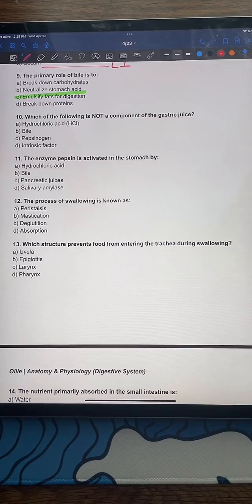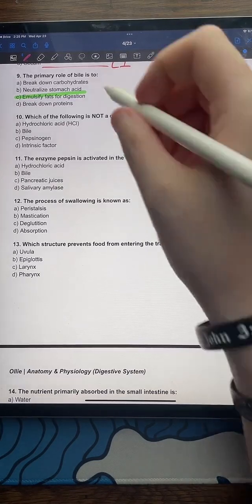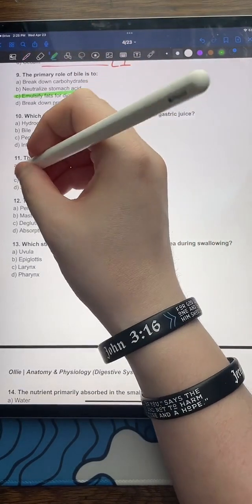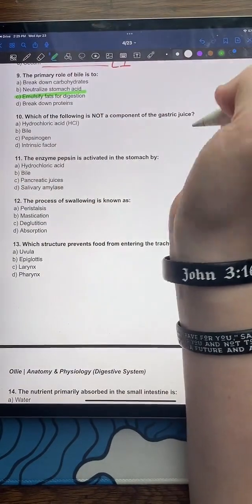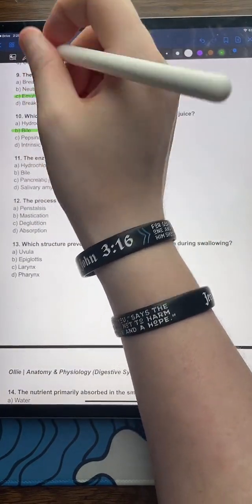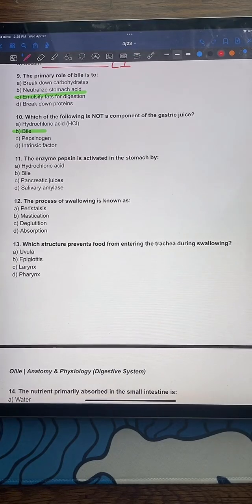Alrighty. So which of the following is not a component of gastric juice? The answer, number 10, is bile. So bile is produced in the liver and stored in the gallbladder. It is not a component of gastric juice.